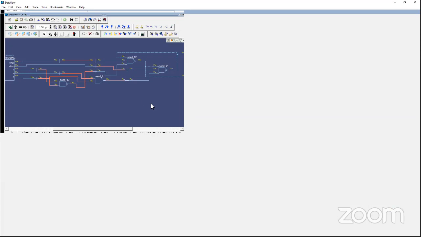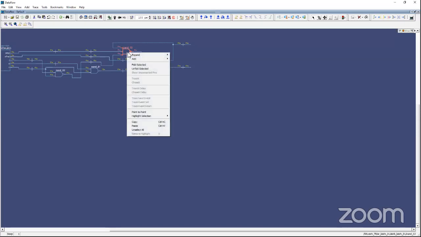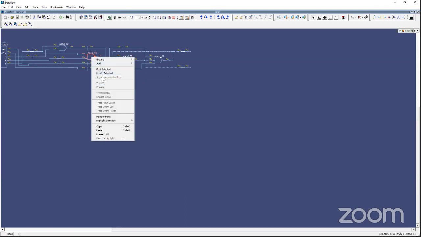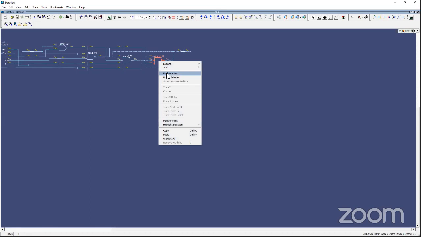Here I try to flatten it out: these are the two NAND gates, and this is the inner SBar RBar latch. Oh, sorry, I need to fold.